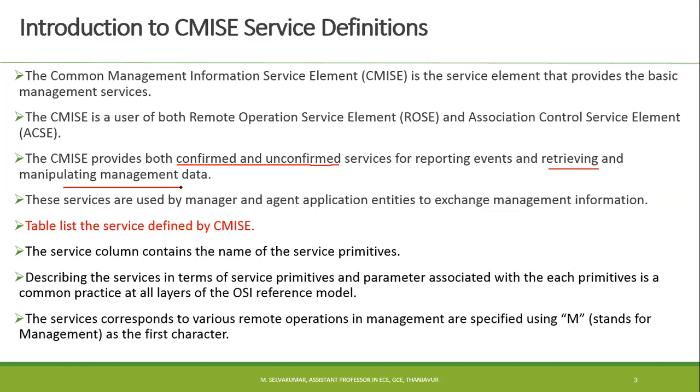CMISE has some services in a confirmed and an unconfirmed manner. Confirmed means a request is made and a response should be written back to the manager, and unconfirmed means no response has to be given to the manager system. You have to specify that here, for reporting events and retrieving and manipulating the management data.